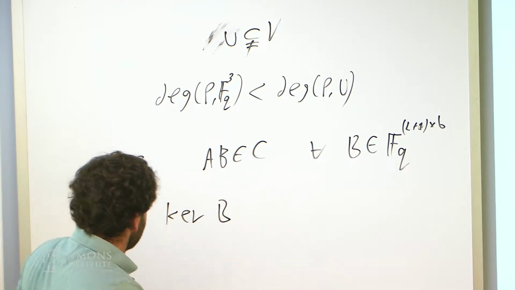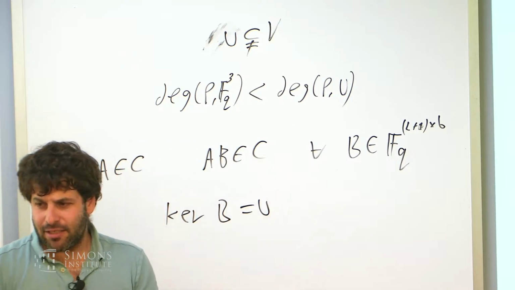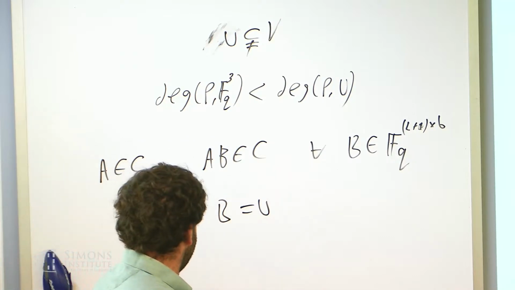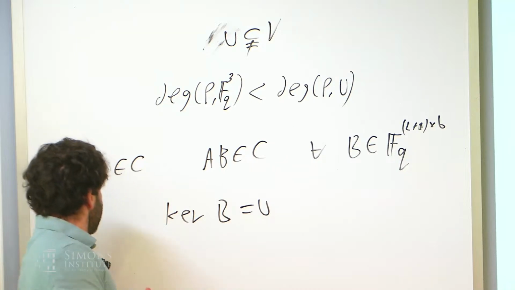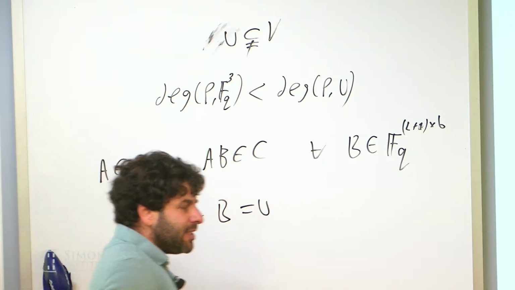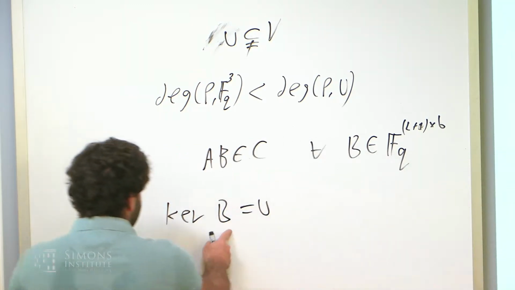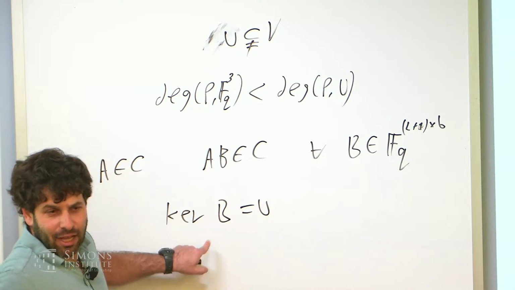And let the kernel of B be U. So what does B do? B is going to basically mod out U. We have 3 vectors, and we're going to look at them modulo U. And now we have the type of the matrices AB.